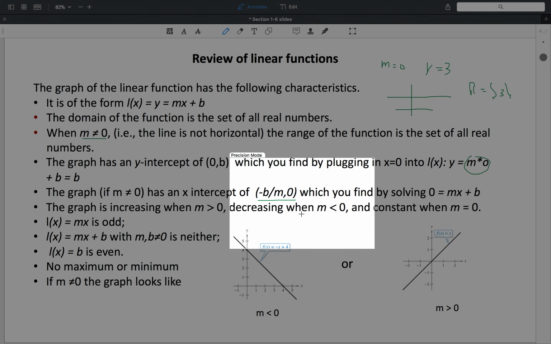So if we have y equals mx plus b, to find the x-intercept, you set y equal to 0. So then we're going to solve mx plus b is equal to 0. Subtract b from each side. We get mx is equal to minus b.